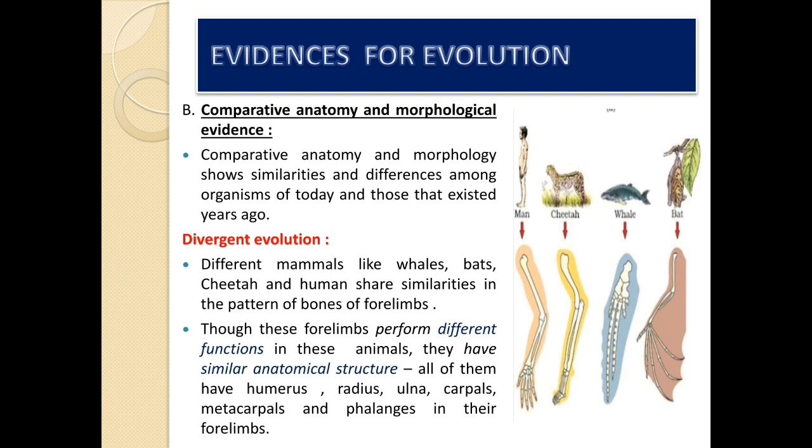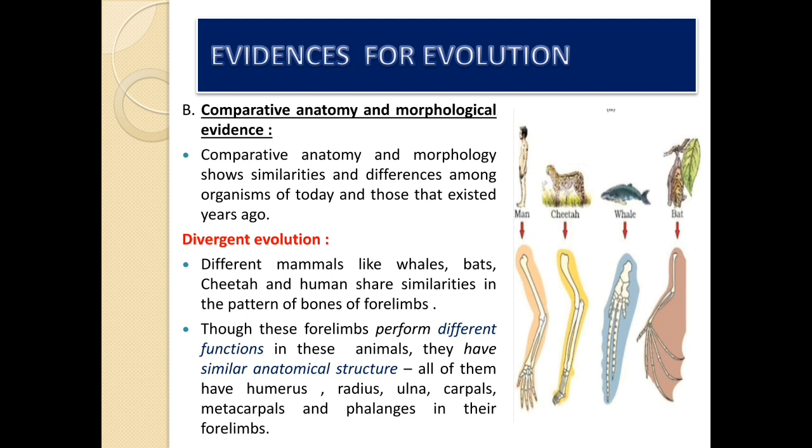You may see the structure here: the whale, then bat, then cheetah and human. They all share similar bones for the forelimb.